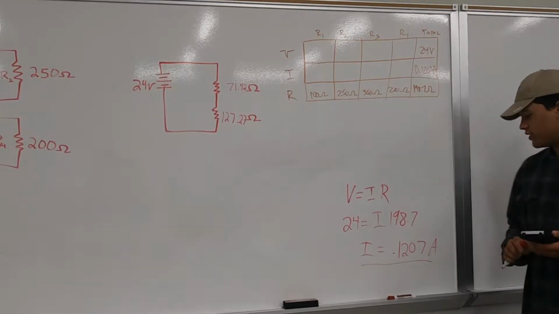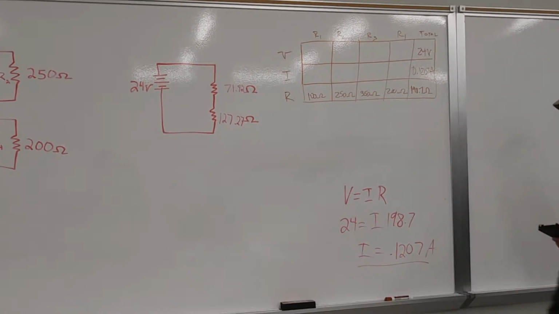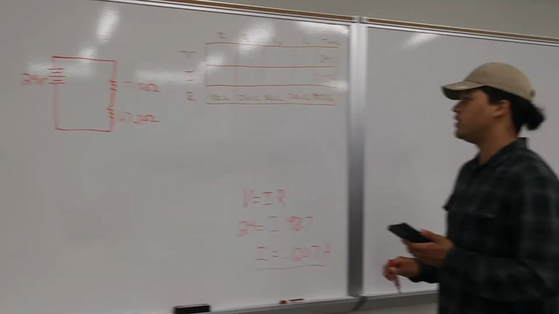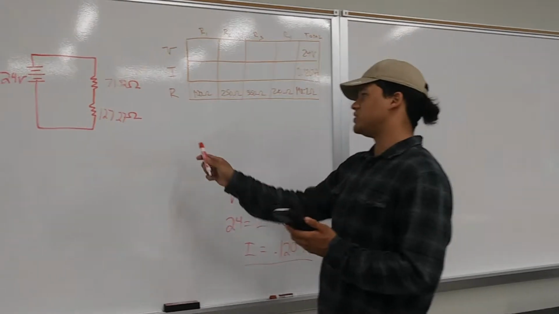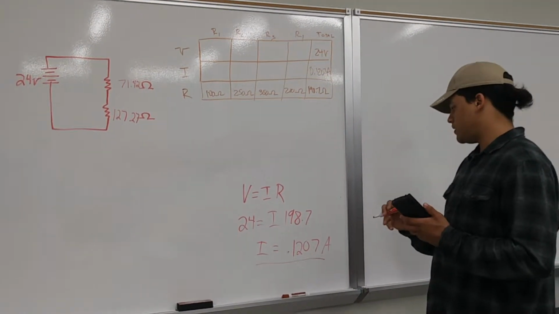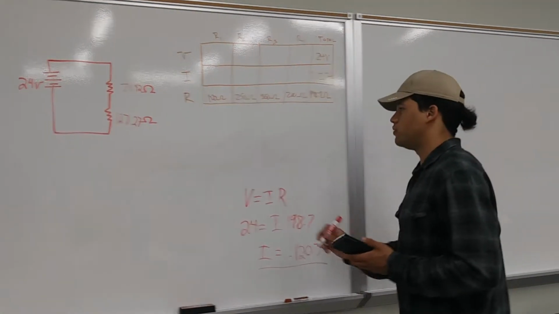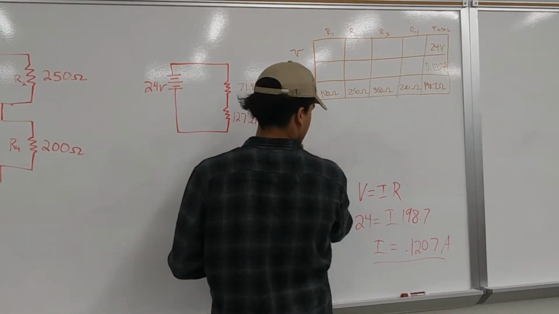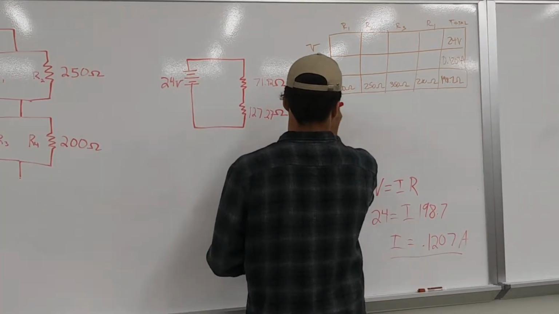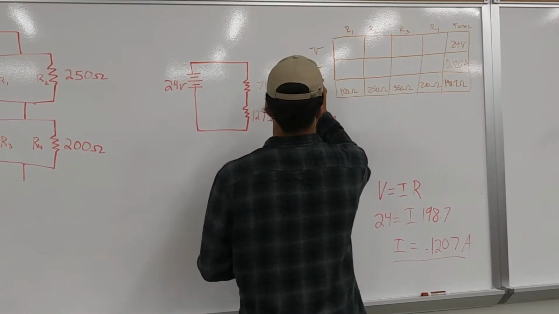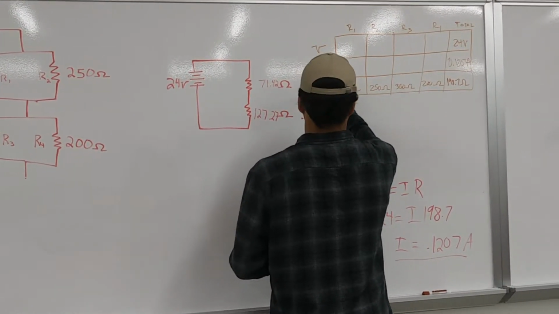Okay, so we have our final current, and it is 0.1207 amps, and we know that when the resistors are in series, it will be the same in both of them. So we know that the current for both of these is going to be 0.1207 and 0.1207.